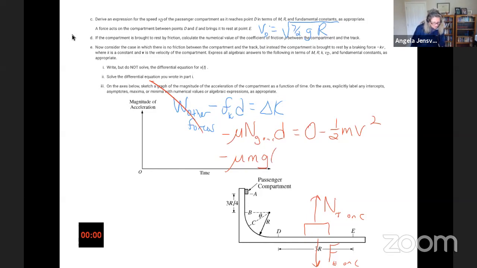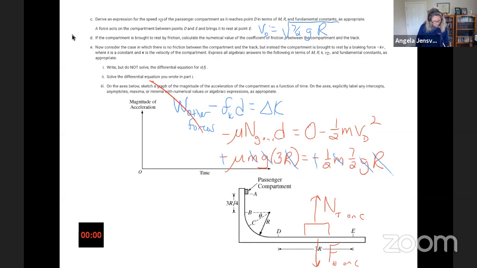D, it says, is 3r. The original speed is the velocity at d, right? Okay, so equals minus 1/2 m. What's VD squared? 7/2 GR. Okay, well, we can cancel m. We can cancel r. Oh, we can cancel g. This is nice. It's kind of fun. Oh, negatives cancel. This is like a big party for me.